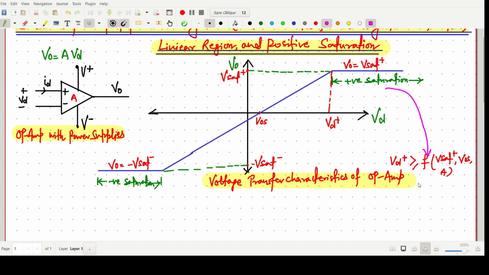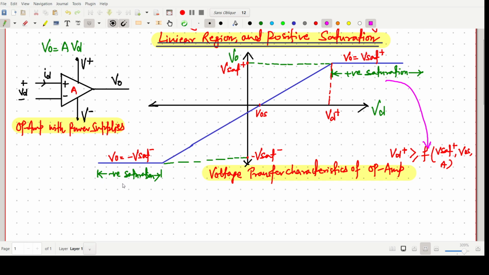Now for the negative saturation, say this point I am writing as Vd minus. For the negative saturation, this Vd minus should be equal to some function of V sat minus and V naught S, that we have to calculate.